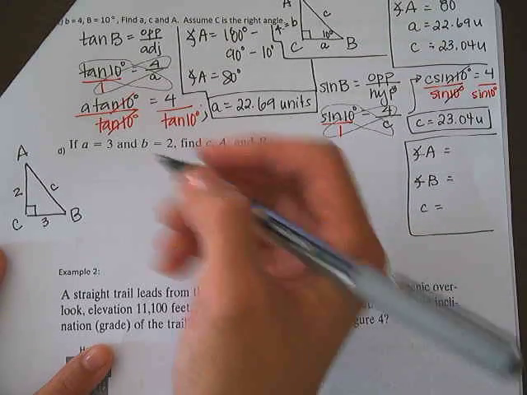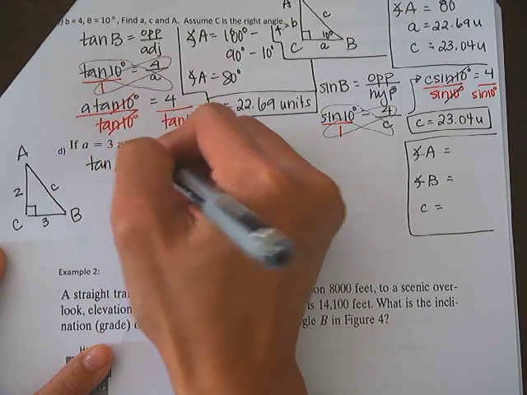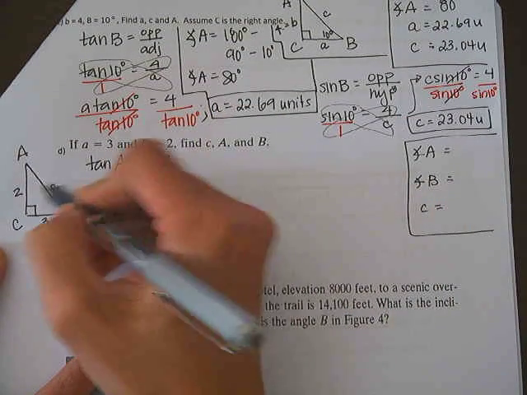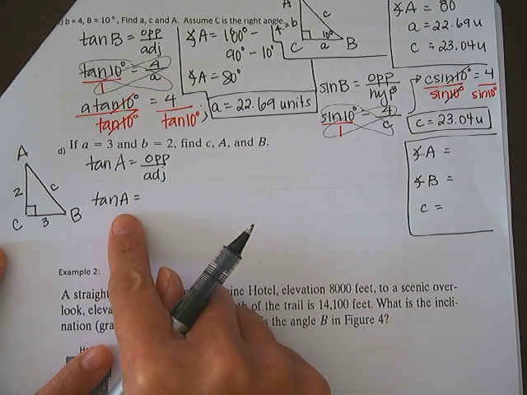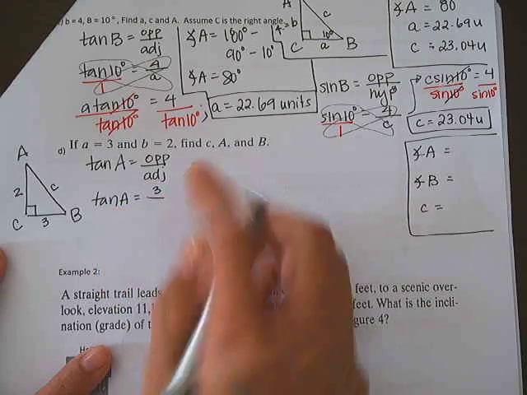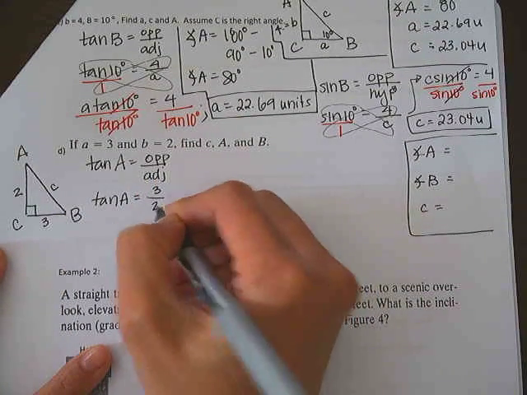Hopefully you're saying tangent. Okay, so tangent of angle A equals opposite over adjacent. Well, A is something that currently we need to find, so there's nothing we can do with A at this moment. But I know opposite of that is 3 units, and adjacent of that is 2 units.